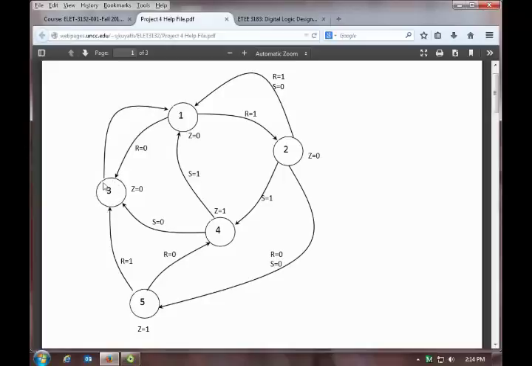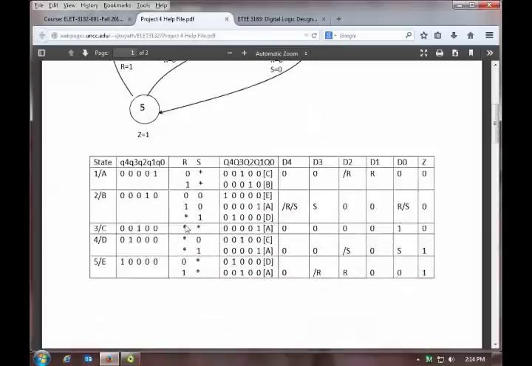I only see one transition arrow coming out of state 3. The rest are coming into state 3. And it is unconditional, so there's nothing here to do with the inputs. 0, 0, 0, 0, 1. I go back to state 1 or state A. And that's the only time I've got a 1, when there's only one unconditional transition here.